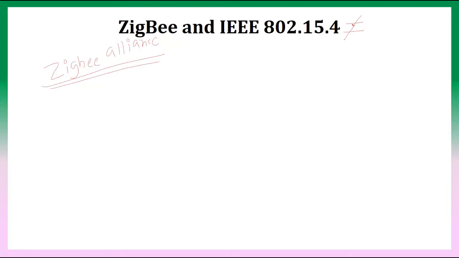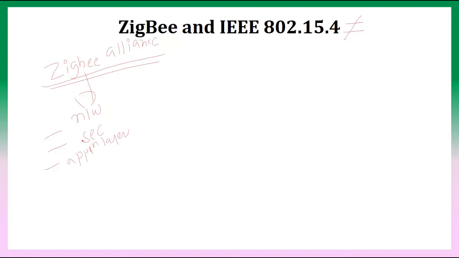The ZigBee Alliance, or the software, defines the network, security, and even the application layer. So whenever it comes to what ZigBee does, the ZigBee Alliance defines your network, your security, and your application layer. These are the three key factors that you need to remember.